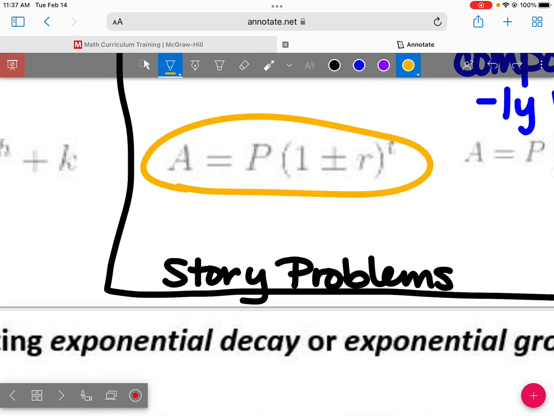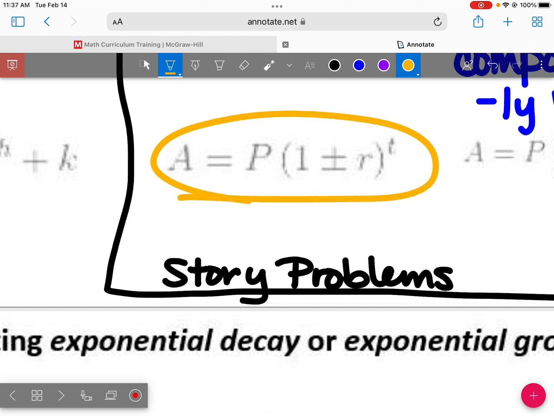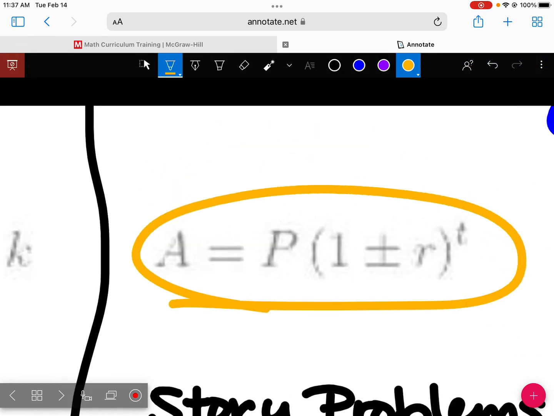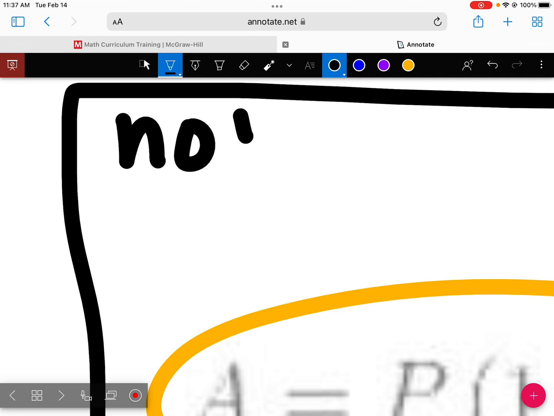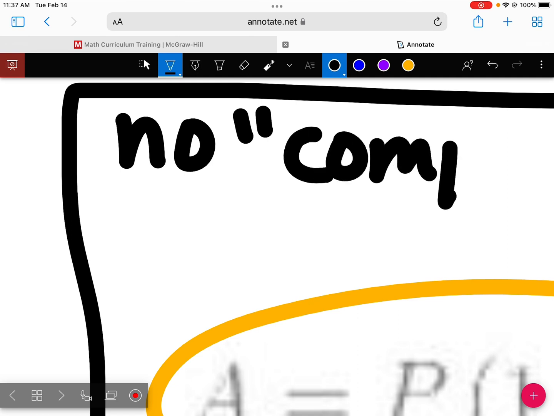So when would we use this one? This one right here. When it says neither of those. So, no compounded.